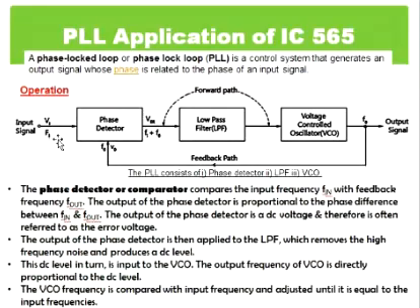So when you have a mixer or comparator here, at the output you will have two components: Fi minus Fo as well as Fi plus Fo. Fi plus Fo is the high frequency component, and Fi minus Fo is the low frequency component. So the output signal of the phase detector has two frequency values, Fi minus Fo and Fi plus Fo.